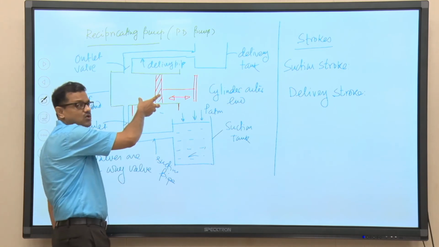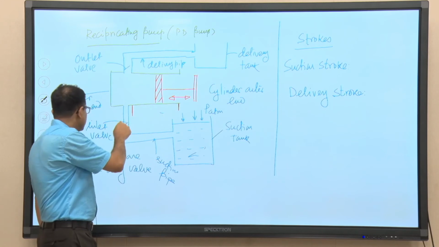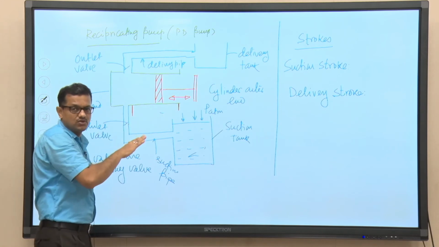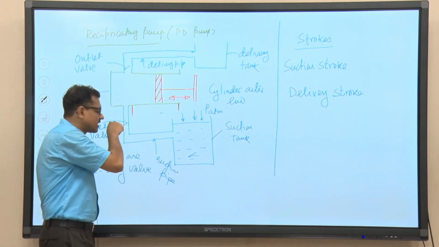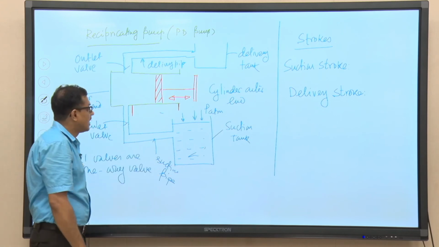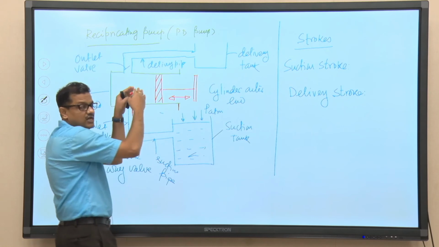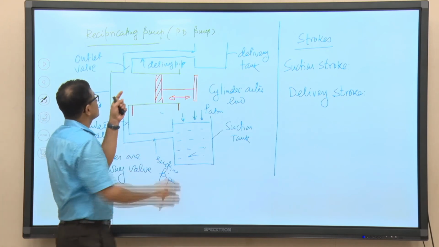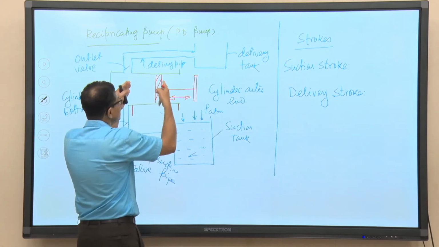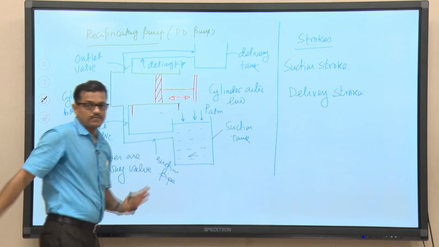When the delivery stroke begins, the inlet valve will be closed. So, liquid will not go back to the suction tank, and the entire volume of liquid inside the cylinder will be displaced during the delivery stroke to the delivery tank, right.